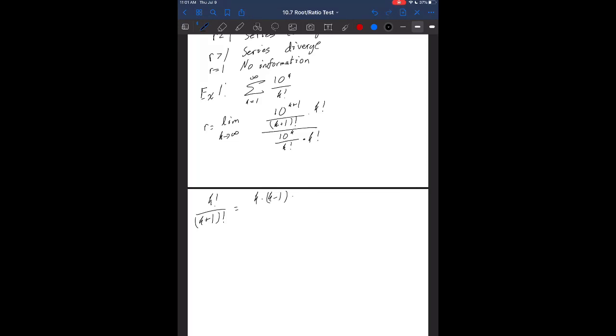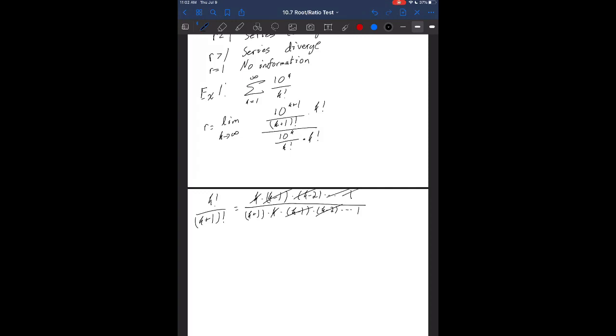Going back to the definition, k factorial is k times k minus 1 times k minus 2 all the way down to 1, and k plus 1 factorial is k plus 1 times k times k minus 1 times k minus 2, again all the way down to 1.